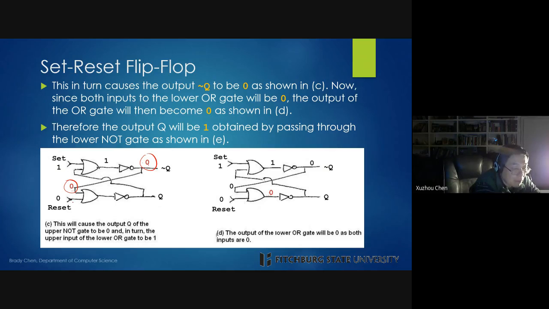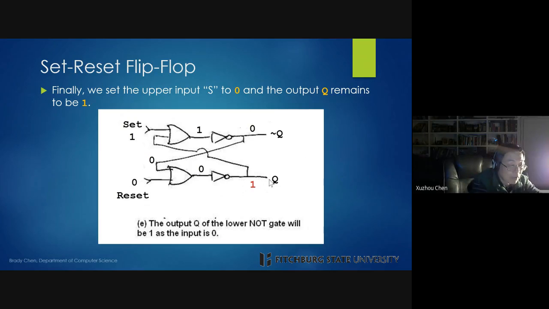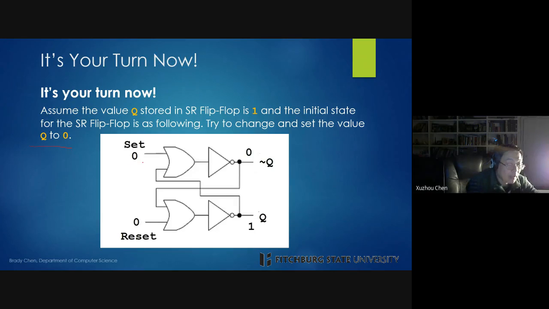And then this is 0 plus 0, I get a 0 here. So eventually I get this. Once I change the value of set back to 0, that value is still going to be 1. So it's a kind of stable value.